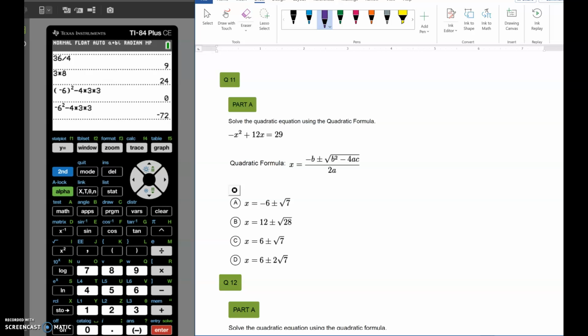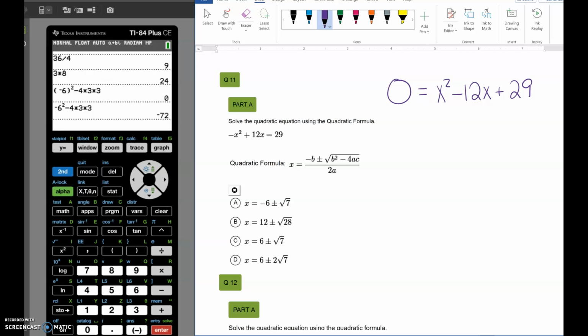You can do this negative x squared plus 12x minus 29 if you want to. Personally, I prefer to keep my x squared positive, so I'm going to put 0 on the left side, add x squared to both sides, subtract 12x on both sides, and keep the 29 over there.